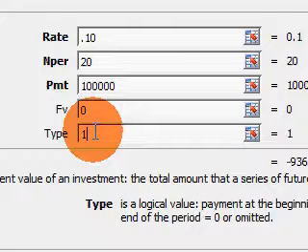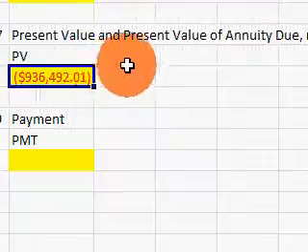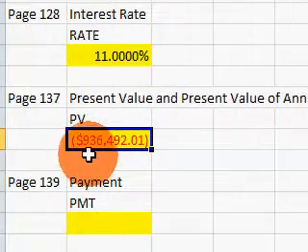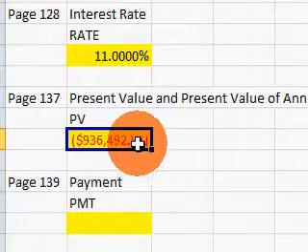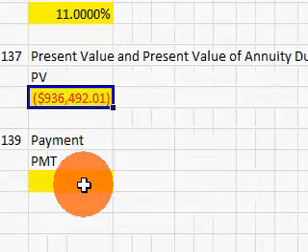Think of financial situations: rent happens at the beginning of the month, as opposed to you making your car payment at the end of the month. So we hit OK there, and our number matches up, so we'd have to put in $936,492.01 in order to receive $100,000 at the end of every year for 20 years, assuming we earn 10%.